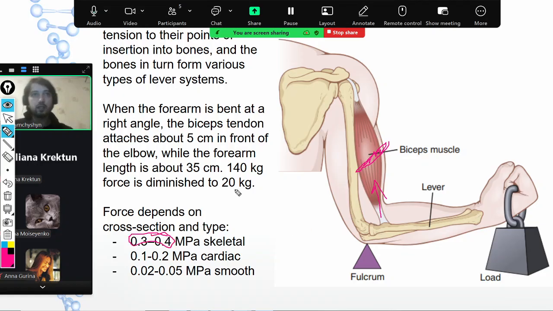And the SI units for this number will be basically newtons per meter squared, and these are pascals. So that's basically the reason why I give you these numbers in pascals: I have divided the force exerted by the muscle by its cross-sectional area. Good.